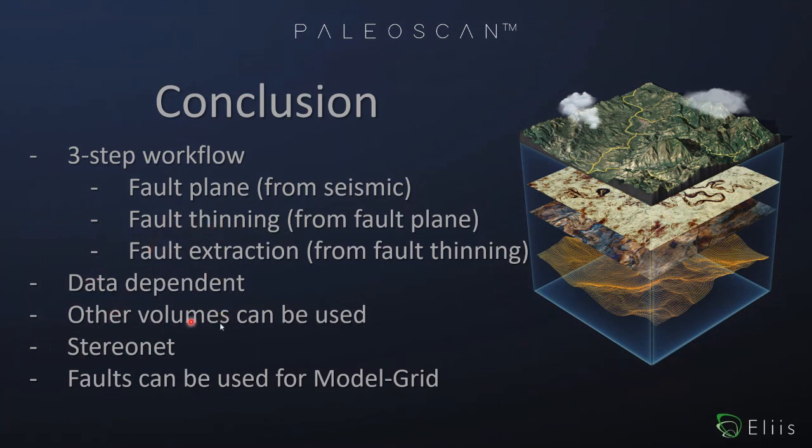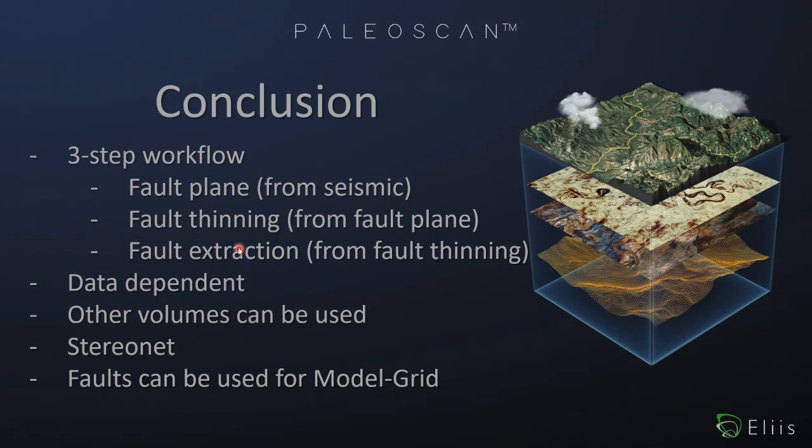Of course, other volumes can be used as an input. You don't have to stick to the fault plane and fault thinning of PaleoScan. If you have your own attributes, for instance, we know that some customers have their own fault likelihood or fault probability attributes, please feel free to use these as an input for the fault thinning or for the fault extraction, because you can save a lot of time.